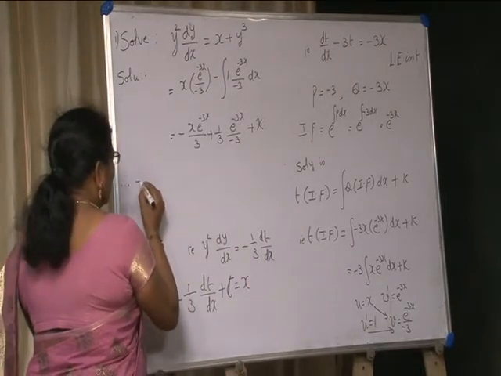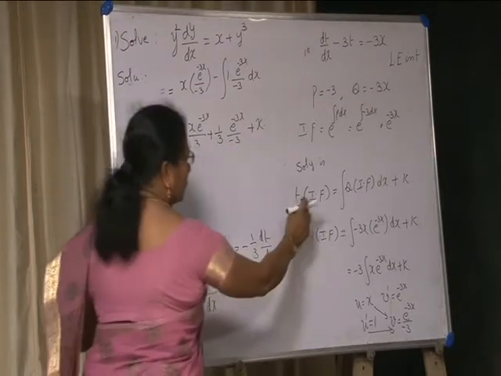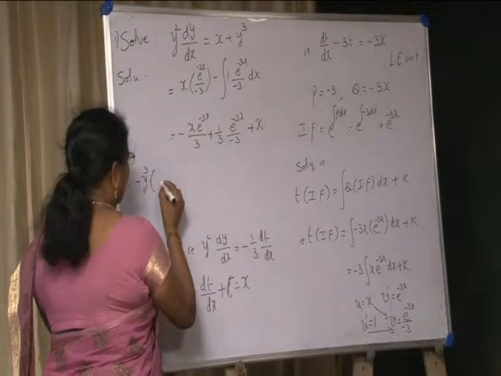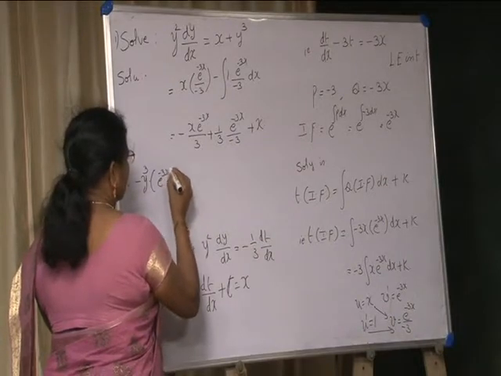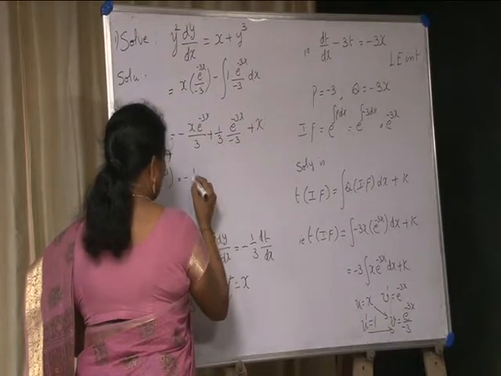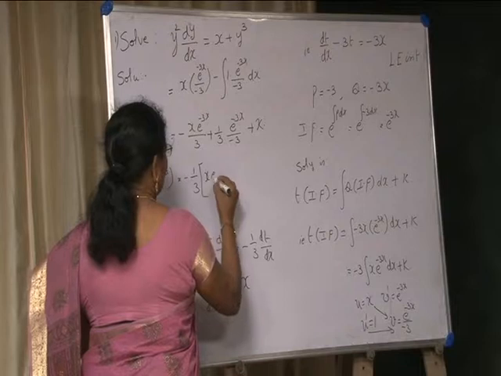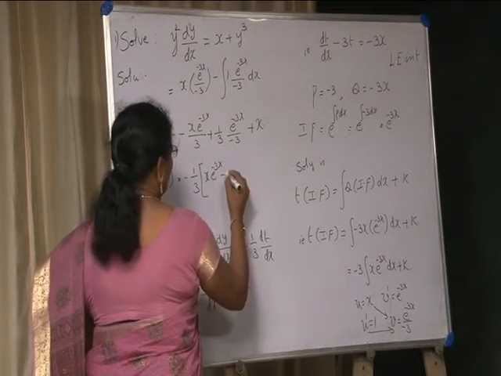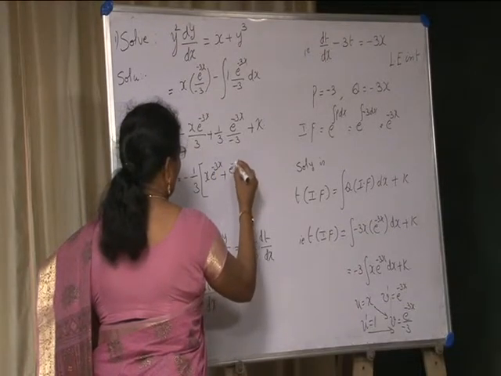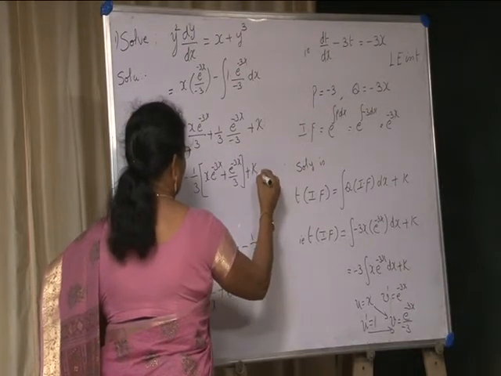T is minus y cube. If is the integral factor e to the power of minus 3x, which is equal to minus 1 over 3. If I take the constant, minus x into e to the power of minus 3x plus e to the power of minus 3x by 3 plus k.